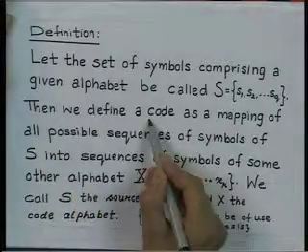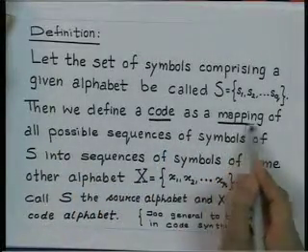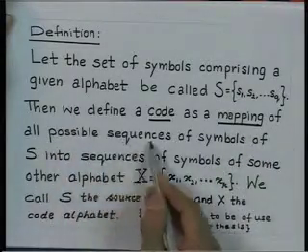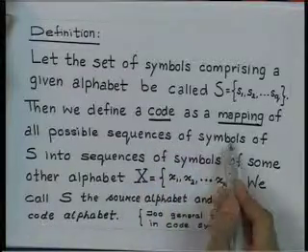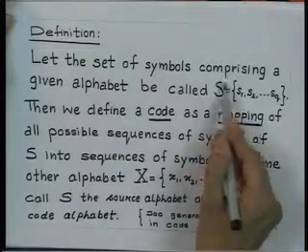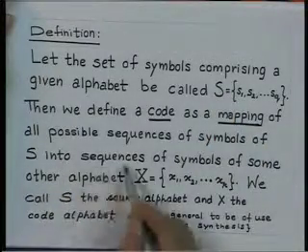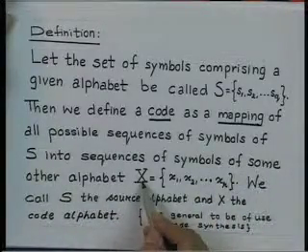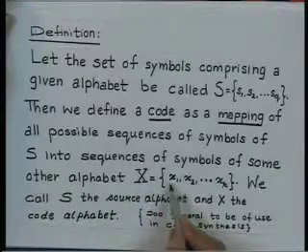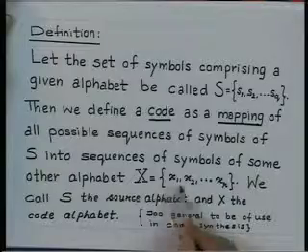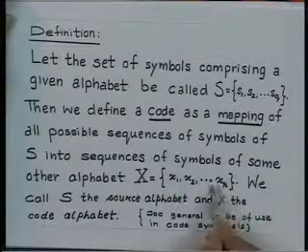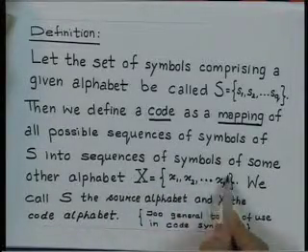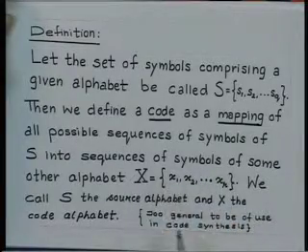Then we define a code as a mapping or transformation or representation of all possible sequences of symbols of source alphabet S into sequences of symbols of some other alphabet X. This alphabet X consists of R symbols or R letters, and these symbols or letters of this alphabet X are known as code letters or code symbols.